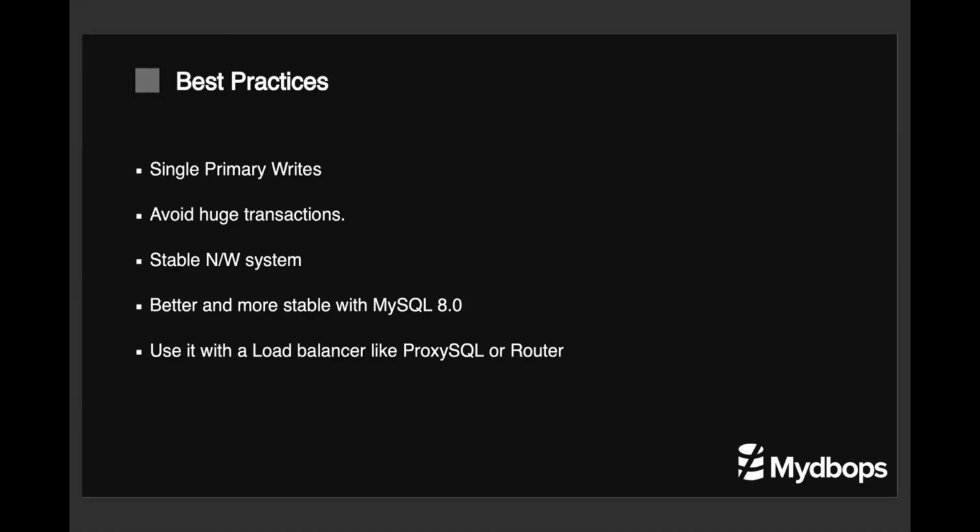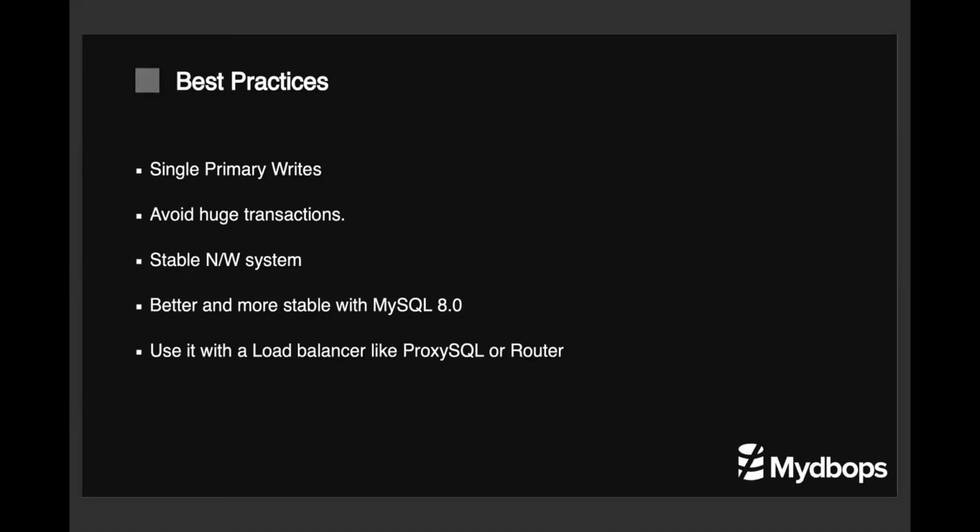But single primary is better in most cases. We have seen people using a cluster with multi-node writes, but they isolate the writes at the database level. So node A writes only to database A, and node B writes only to database B. So the conflict detection will be less.